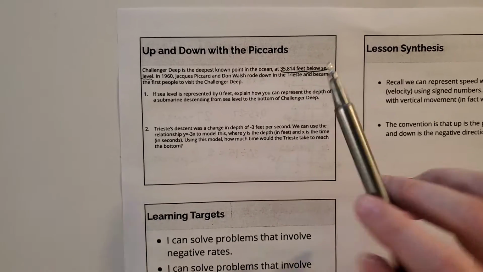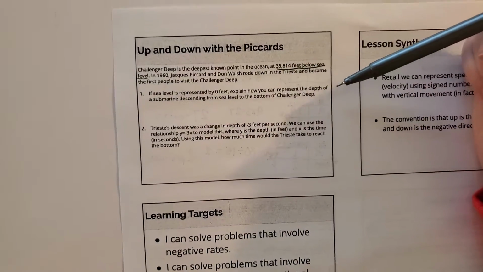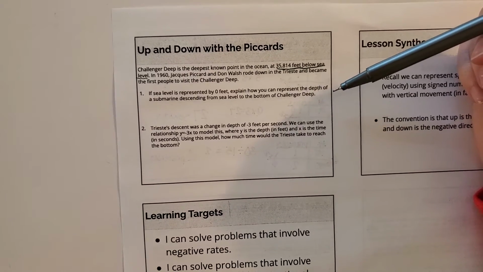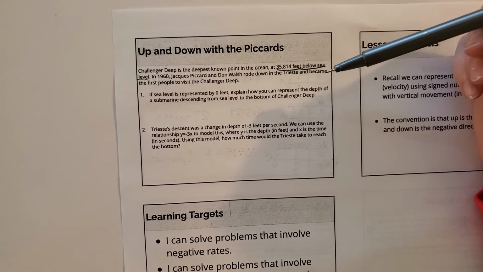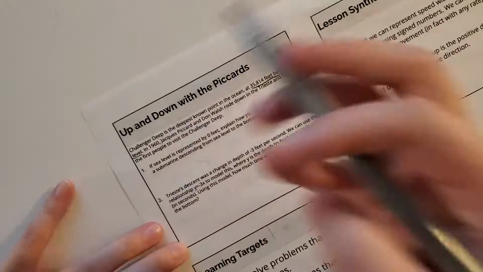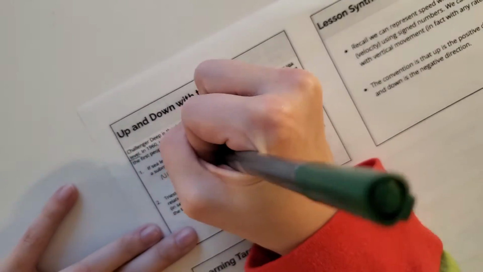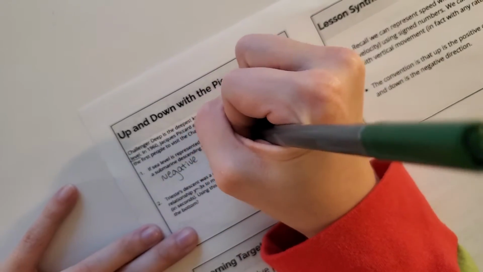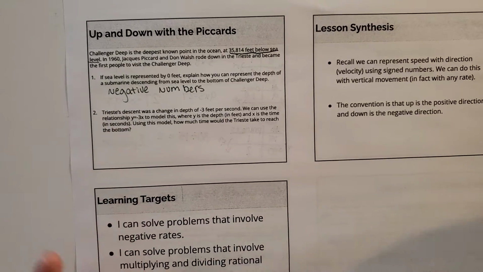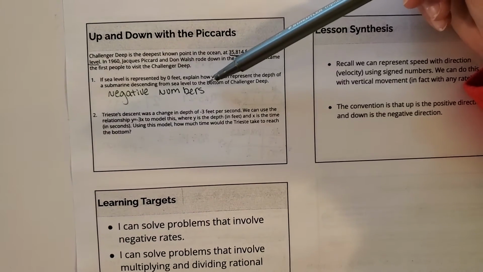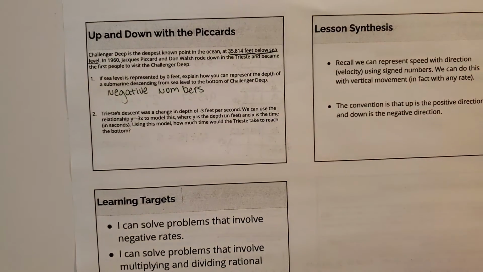Alright, so first of all, we can explain how to represent the depth of a submarine descending from sea level with negative numbers. The negative number is going to be anything below sea level.